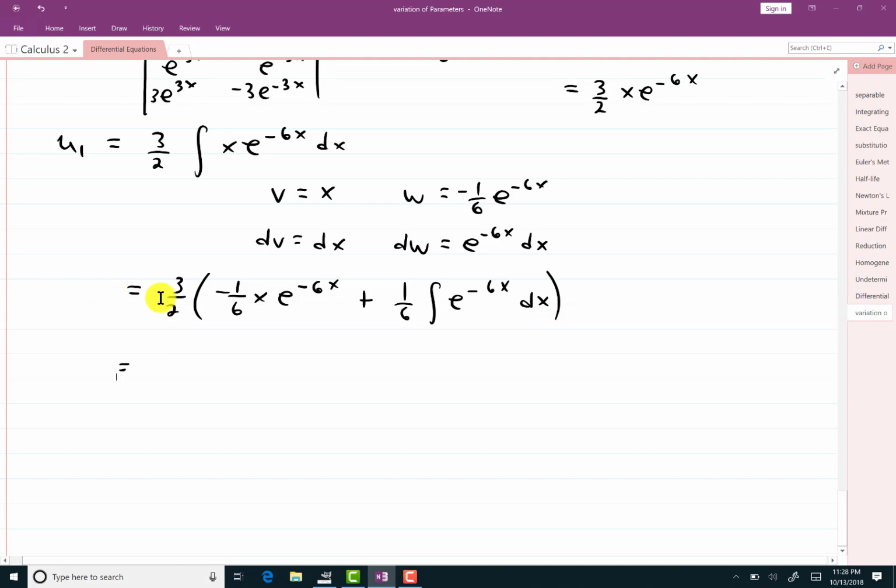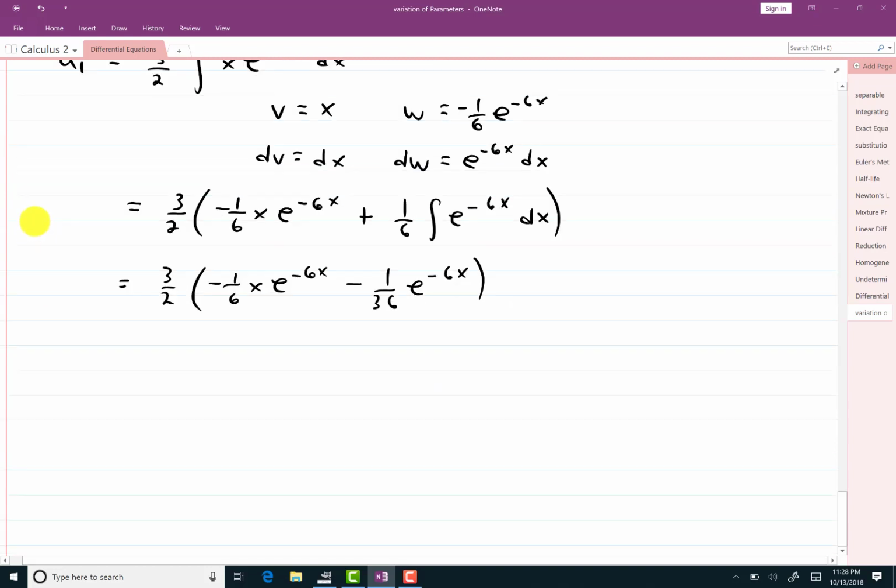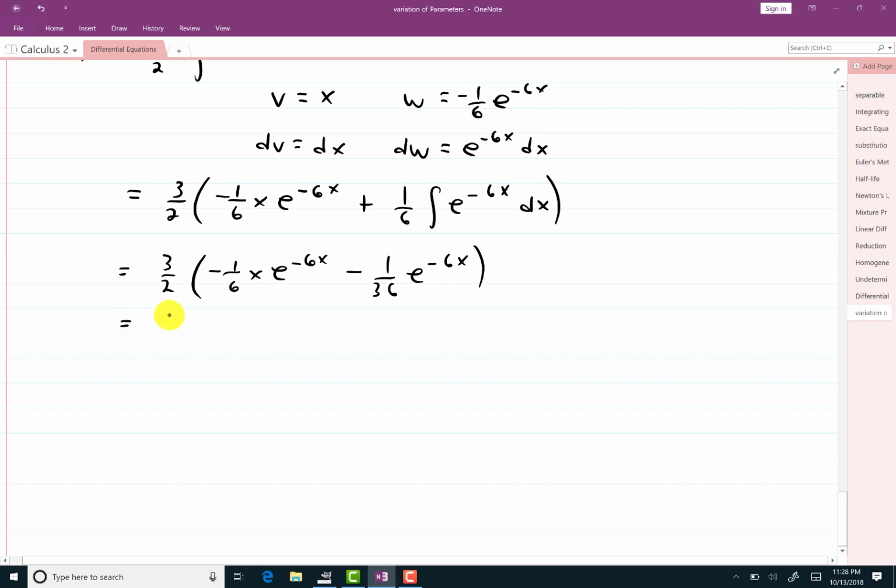And let's go ahead and simplify. I had 3/2 times negative 1/6 x e to the negative 6x. Here will end up being negative 1 over 36 e to the negative 6x. I can factor out an e to the negative 6x from everything. I'll get 3/2 times negative 1/6 x minus 1 over 36 times e to the negative 6x.